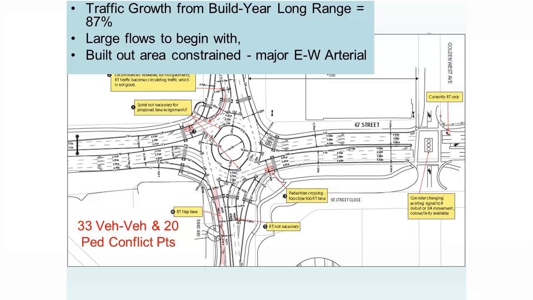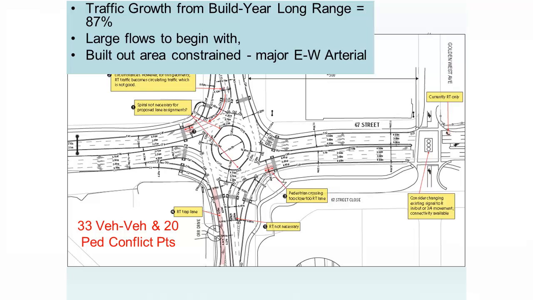In addition, this project has substantial amounts of traffic growth built into the long-range flows, approximately 87% traffic growth from existing to long range. So that tells you if we construct this long-range geometry, it's going to be substantially overbuilt, or there's going to be more laneage than is necessary for those early years, the mid years, and in this case, even the long term years for this project.